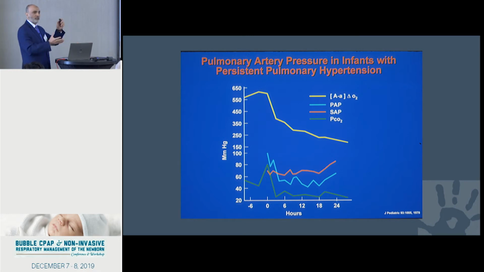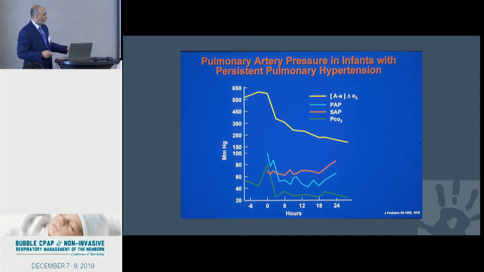So the whole thing is a fight between the pulmonary artery and systemic. Once you create a situation to bring the pulmonary artery pressure less than systemic pressure, the AA gradient improves significantly. And they actually had that on 20-some babies who were reported in JPEDS.